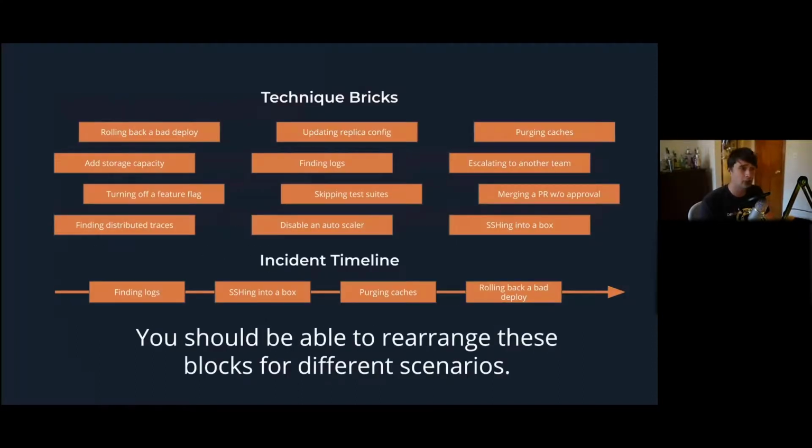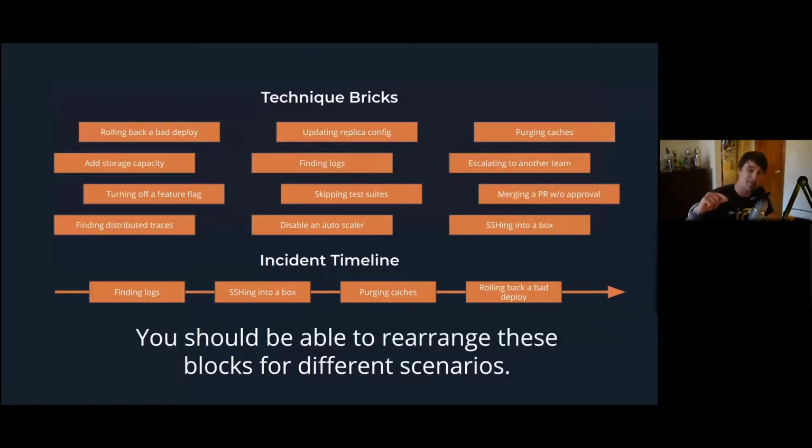Now, all of these are technique bricks, is what I'm calling them. I'm deeming them technique bricks. And if you look at the bottom half here, we have finding logs. Maybe we have an incident, and I'm like, I got to find the logs. And it says, oh, it looks like caches are maybe stale. So I SSH into a box, I purge a cache, and then I roll back a bad deploy that was causing stale caches.